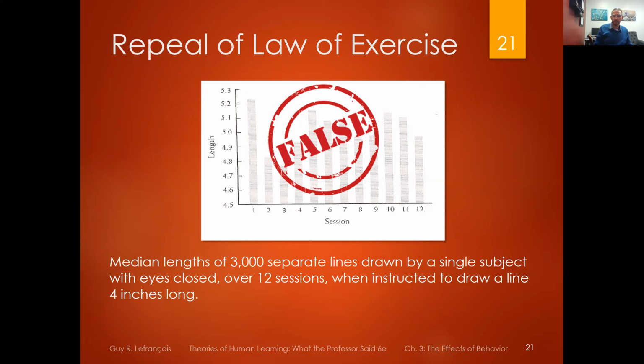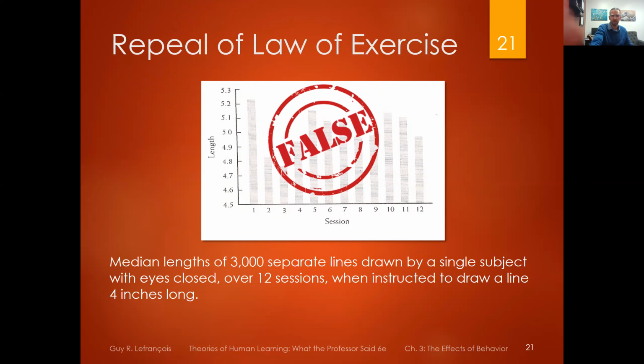And when he did that, he found that they didn't develop accuracy in regards to how long of a line they drew. They were trying to draw a line 4 inches long, but they would do this over and over again, and it's really important to say, without any feedback about their performance, just like visually seeing the line, they never actually learned anything. And that's why he said, well, okay, exercise on its own isn't a factor in learning.